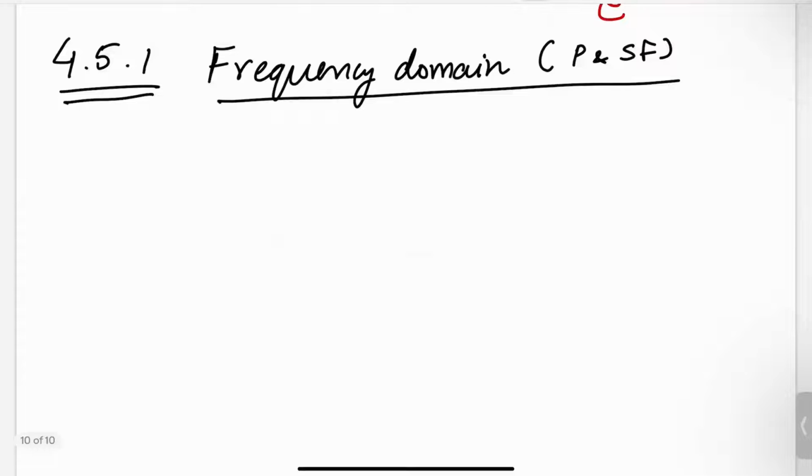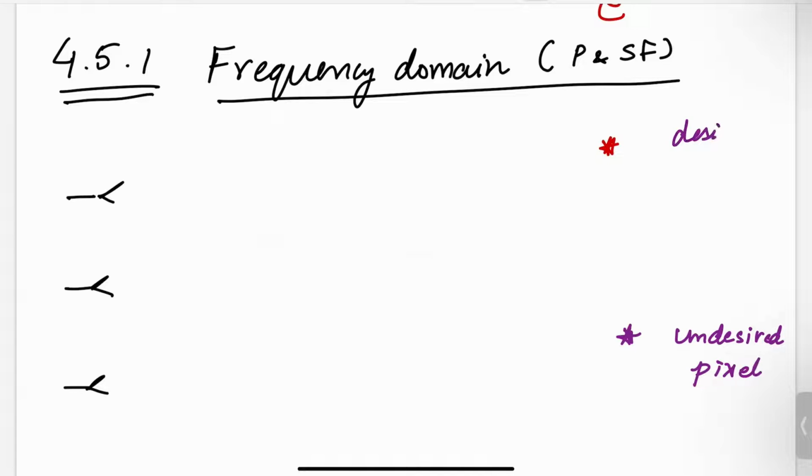Let's assume, for the sake of argument, I have 3 antennas. And let's say one target here and another target out here. Let's say this is some undesired target. I don't want to image this point. Undesired pixel, I'll call it. And this is my desired pixel, or desired point at which I want to create the image.